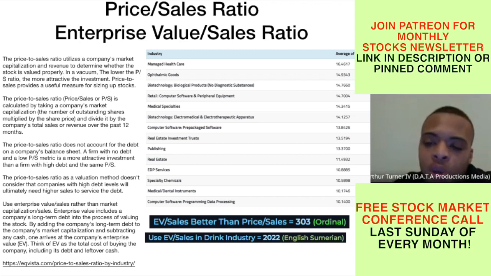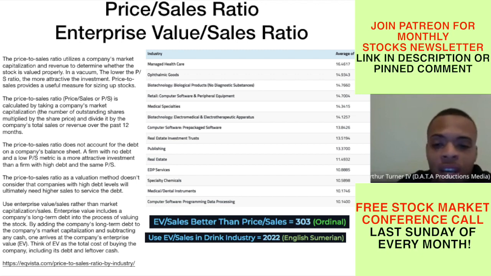And here are some of the average PS ratios of the industries. We'll get into the drink and beverage industry and their averages as well. You see managed healthcare at 16, real estate at 11.49, medical dental instruments about a 10, and computer software about a 10.